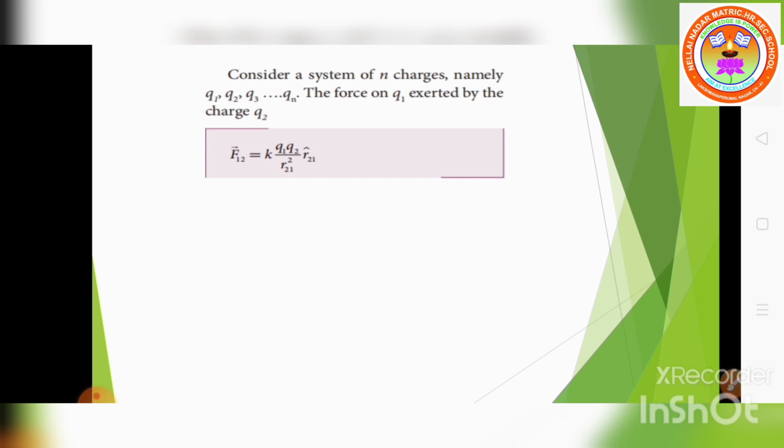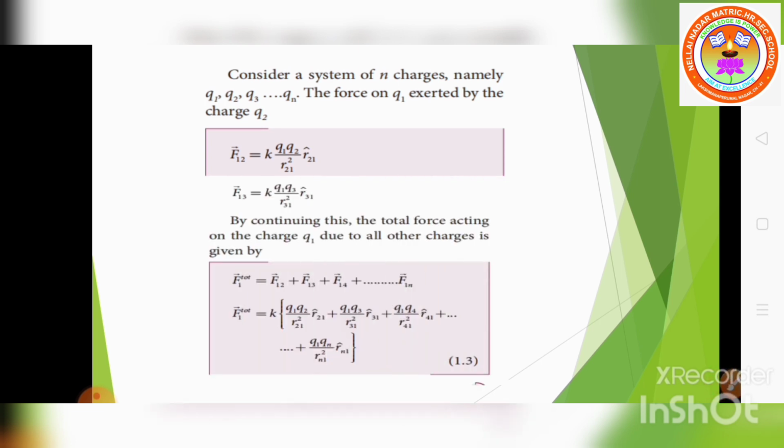Second step, we are going to calculate the F13 vector. For F13 vector, we have taken the charges Q1 and Q3. For understanding purposes, this is Q3 and this I have taken as Q1.